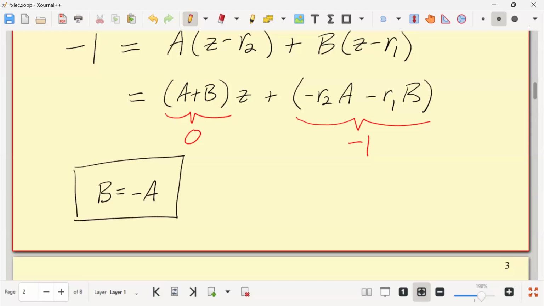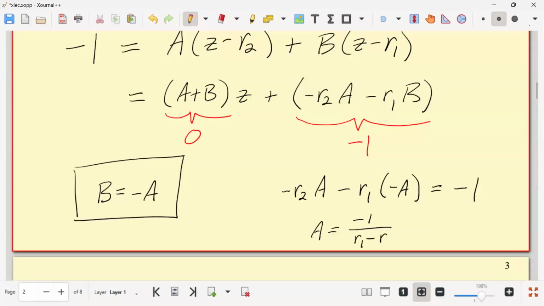And when I stick that in the second equation, I would get minus r2 a minus r1 b, which now I know is minus a, is equal to minus 1. And so that's going to tell me that what? A is equal to, what is it? Minus 1 over (r1 minus r2).